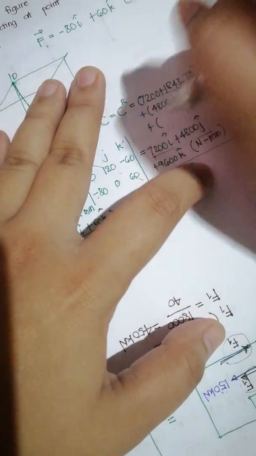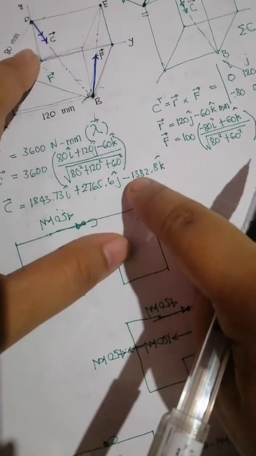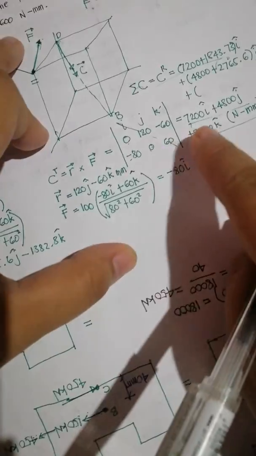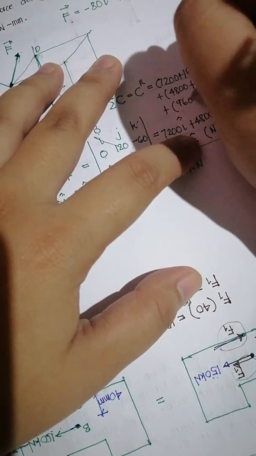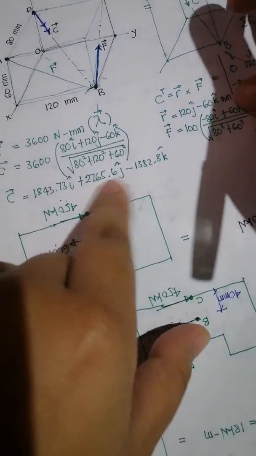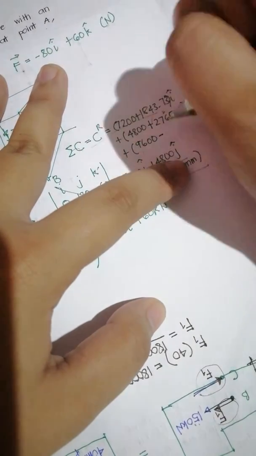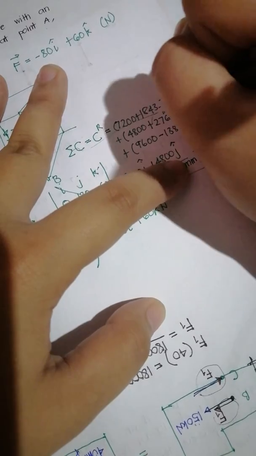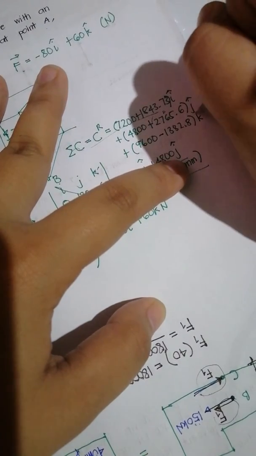That's for the j hat. And then for the k hat, for the couple of transfer, that's 9,600, but for the couple C, negative 1382.8. And that is for k hat.